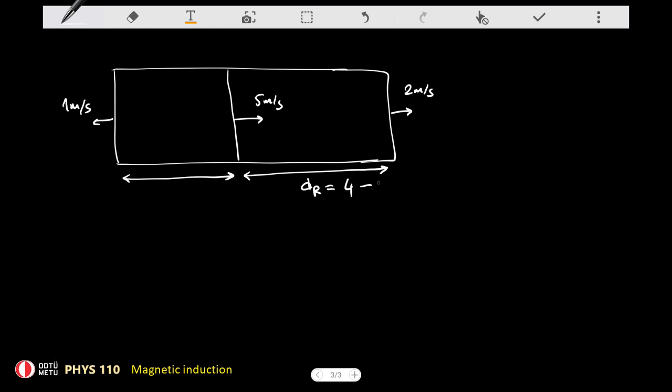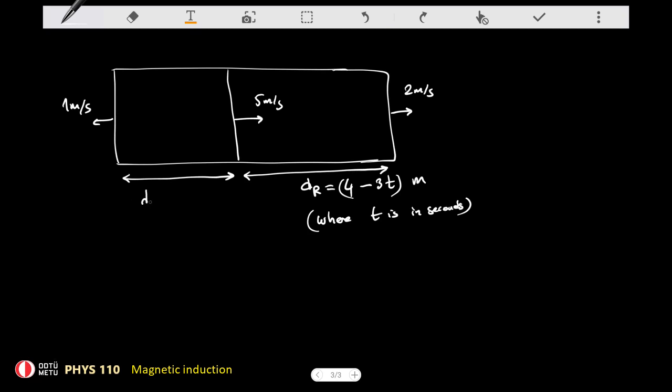So that's 4 minus 3t in meters, where t is in seconds. So when I'm writing numerical expressions for these functions, of course, I have to express which variable has which unit. So if time is expressed in seconds, then this expression is the value of that distance in meters.